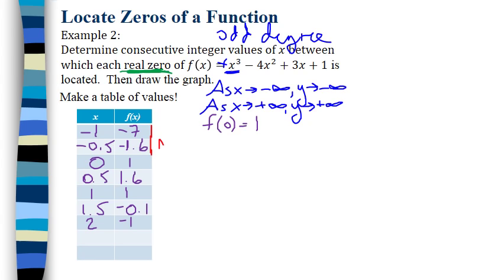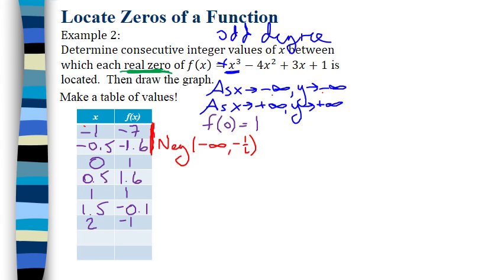So as x goes to negative infinity, y goes to negative infinity. If we get more and more negative values of x, we're going to get more and more negative values of y. So our graph is going to be negative from negative infinity up until negative 1/2.